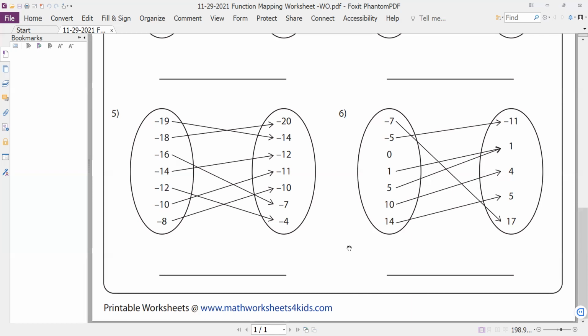What number do you see in this map does not map to a number on the right side. 7? No, -7 is mapped to 7. 17. They all map. Oh, 0. 0, that's right, correct. 0 doesn't map to anything. That makes this no, it's not a function, because every input must map to an output. So 0 is not mapping to anything. That makes this not a function. Got it?